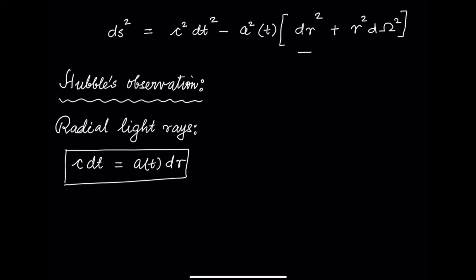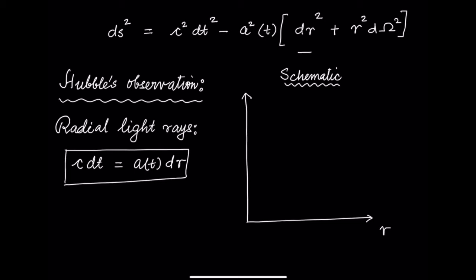And how do I consider Hubble's observation? Now what I am drawing here is not a space-time diagram but a schematic diagram. I don't have enough time left in the course to explain why. What I'm drawing on the x-axis is r, the radial coordinate, and on the y-axis is c times time. We consider two galaxies at the same r.